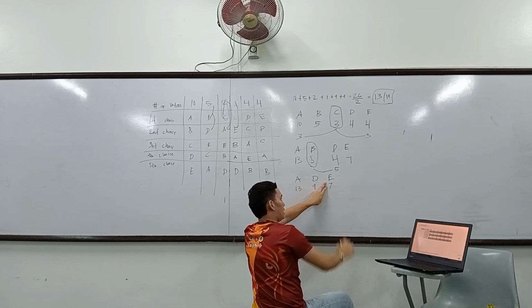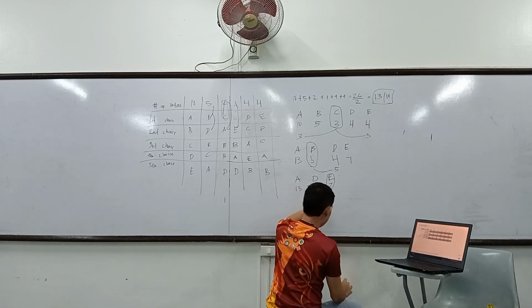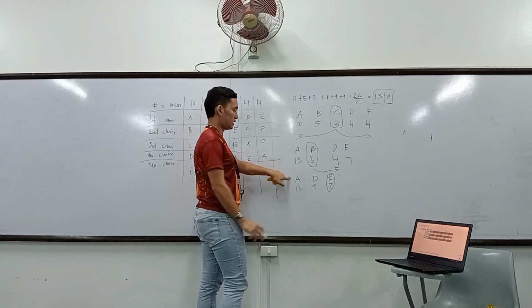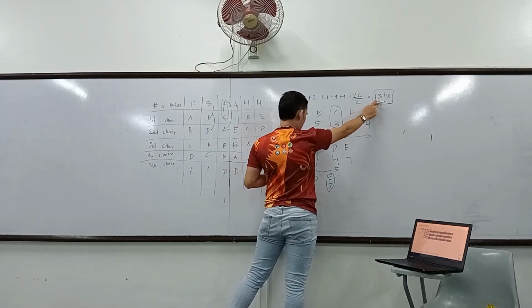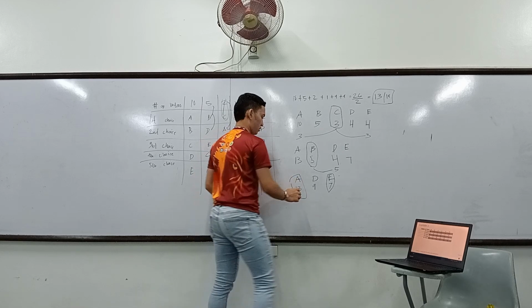So candidate letter E got the lowest vote, so he would be eliminated in this election. As I said, the majority of the voters is 13 votes, so automatically candidate letter A wins the election.